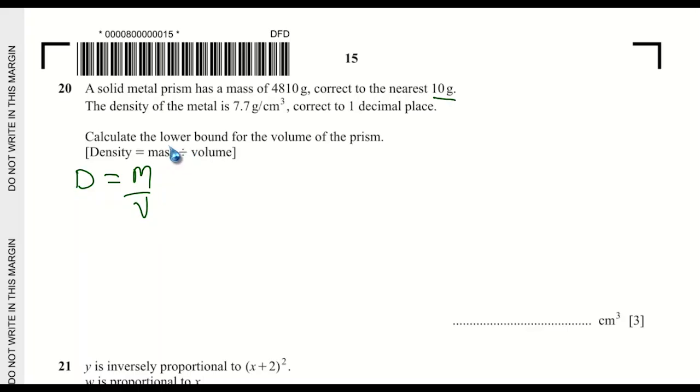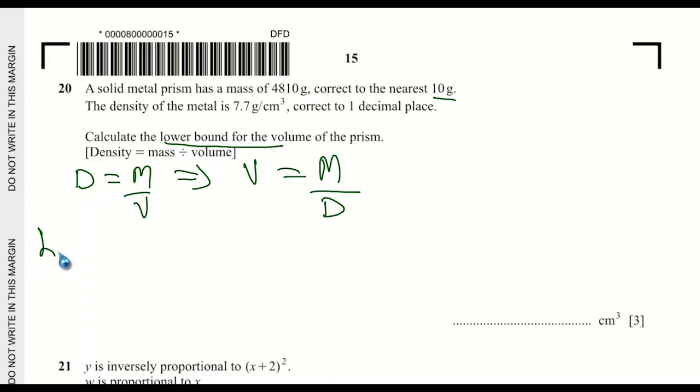So for here, we need the lower bound for the volume. So that means we need to make the volume the subject of the formula. That implies the volume equals the mass over the density. But we need the lower bound for the volume.